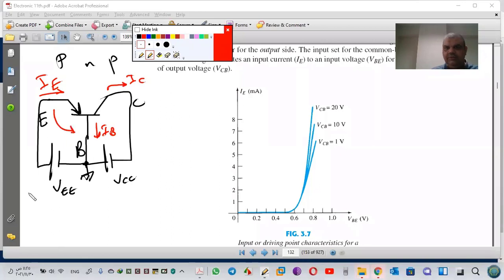You have volts, VBE, VCE. Sorry, we have VCB, I made a mistake. VCB. And here we have another volt, VCE.